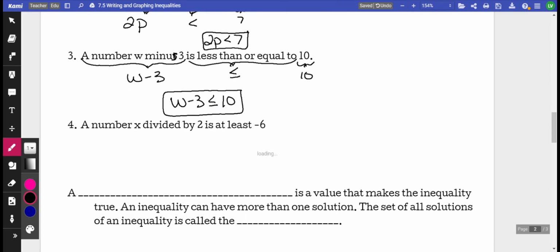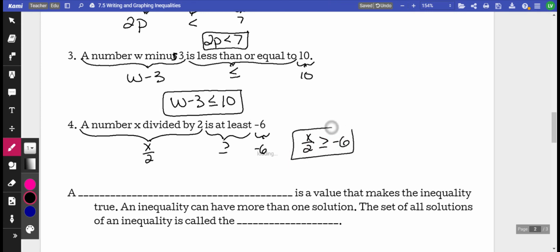And lastly, for number 4, a number x divided by 2 is at least, so that's greater than or equal to, -6. So that becomes x divided by 2 is greater than or equal to -6.